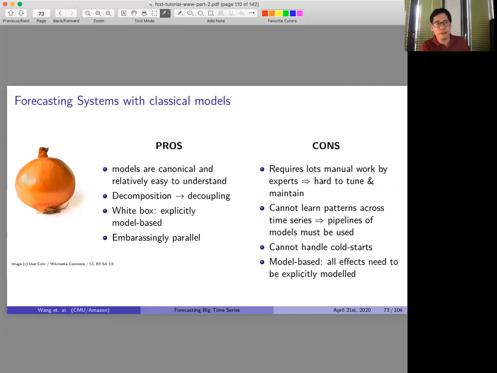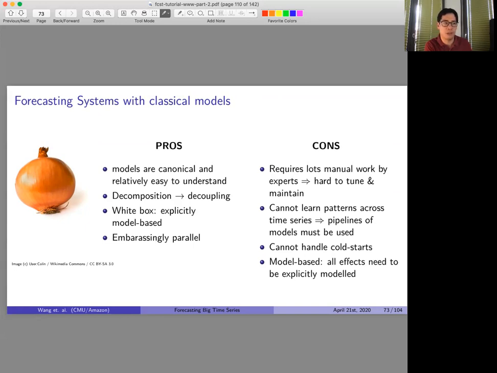However, on the flip side, what we have here is that we don't really learn end to end. So this means we have to invest a lot of manual work in modeling each step here in the pipeline, and this may be hard to tune and even harder to maintain. Because classical models are often local methods and not global methods, it's very hard to learn across time series.